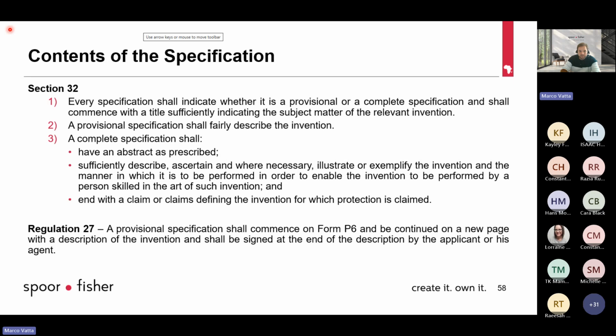So it has to be an enabling disclosure in order to allow a person skilled in that art to perform the invention. And then the complete specification also needs to end with the claim or claims defining the invention for which protection is claimed.